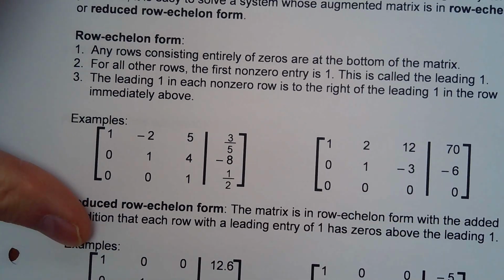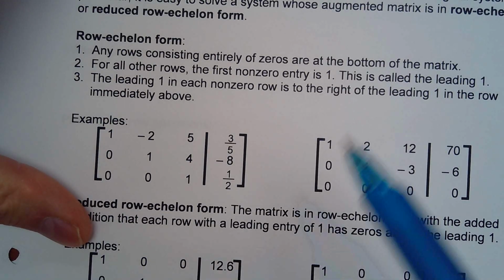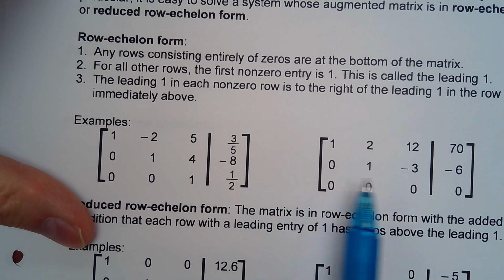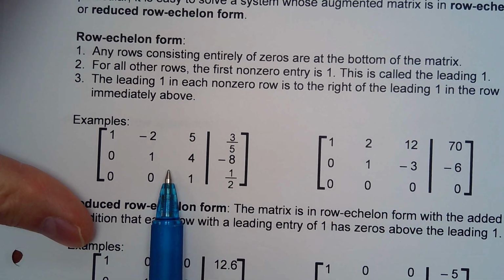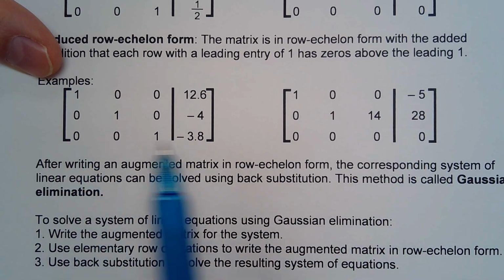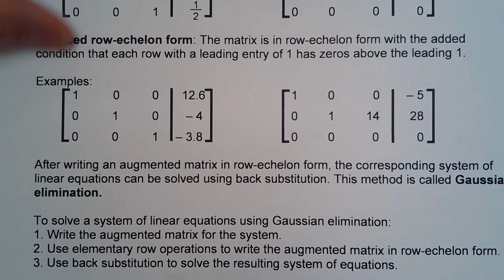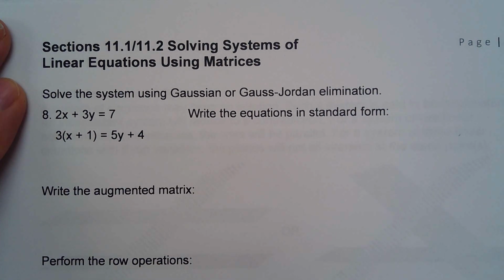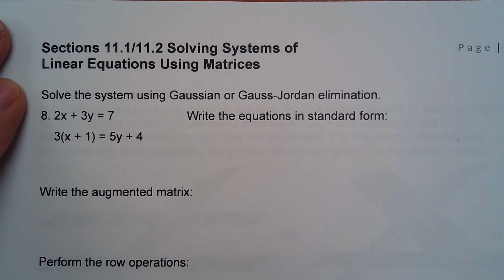And so this is kind of what we've gone over, just a little bit different explanation. So again, these would be row echelon form. These would be reduced row echelon form. So the first step when we're trying to solve a problem, we have to get everything into the proper form. So I need to get my equations into standard form.